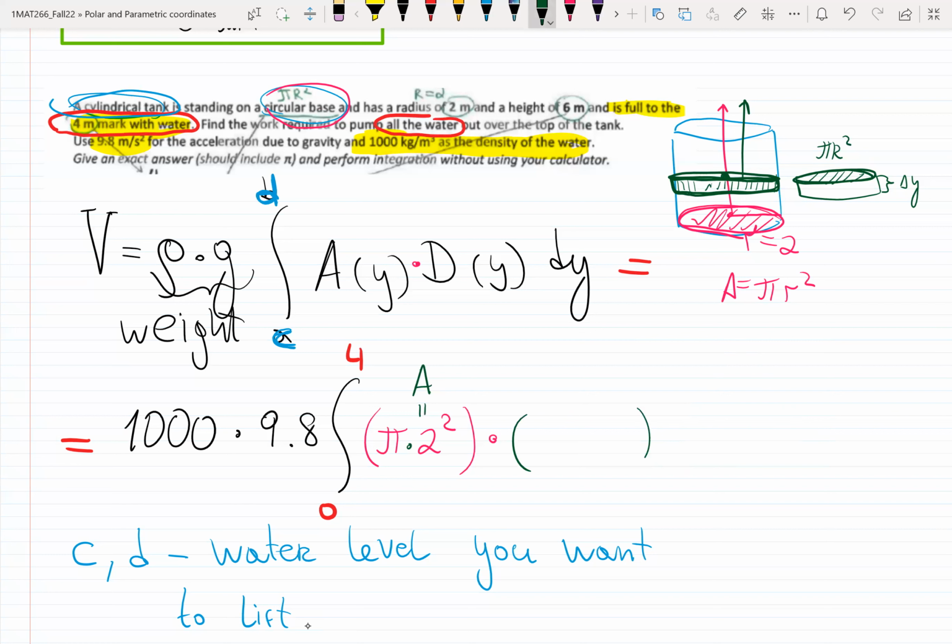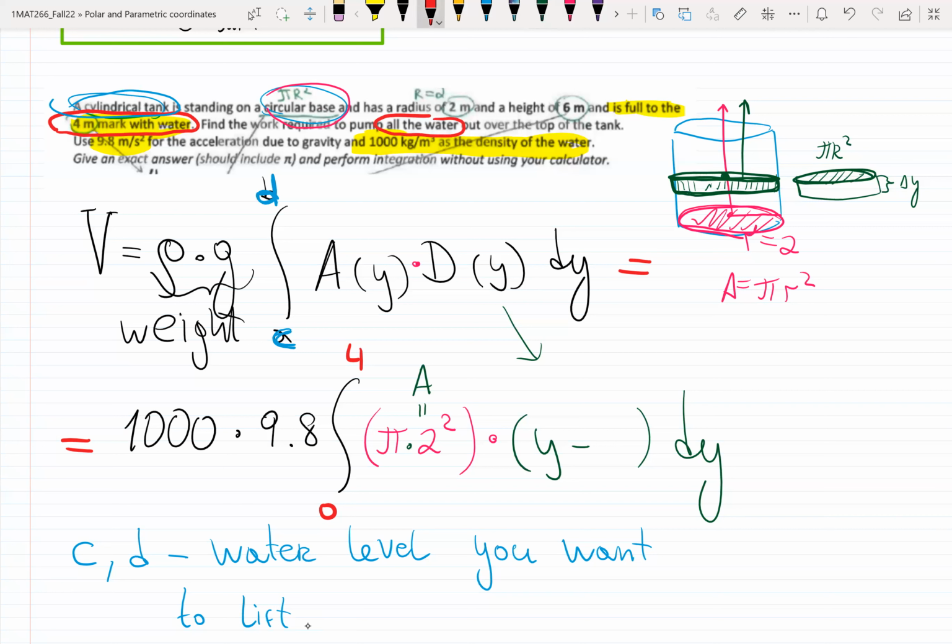Finally, the last piece is how far we are lifting this. Y minus what? That is a shift over here. The shift is the distance to lift. So how far do we want to lift all of this?